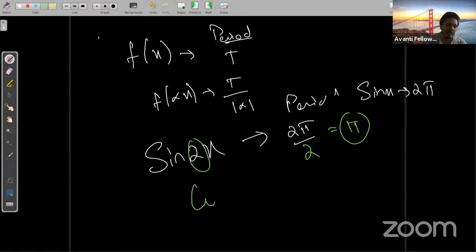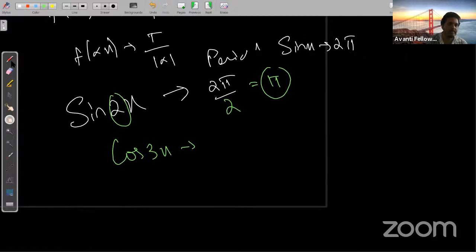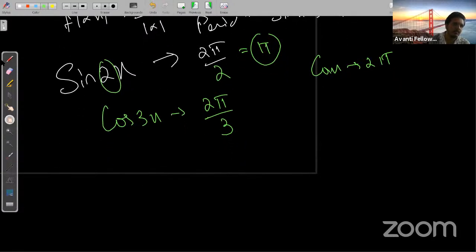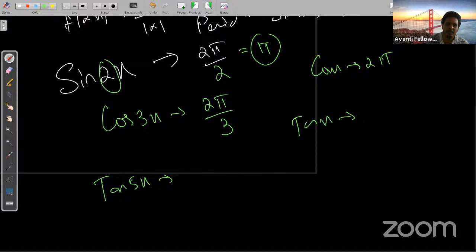Okay. Similarly, what is the period of cos 3x? What is the period of cos 3x? Okay, sin 2x it is pi here, Sankar. Very good. Now tell me for cos 3x, what will it be? For cos x it is 2 pi. For cos 3x it will be 2 pi by 3. Understood or not? Now tell me what is the period of tan 5x? For tan x my period is pi.